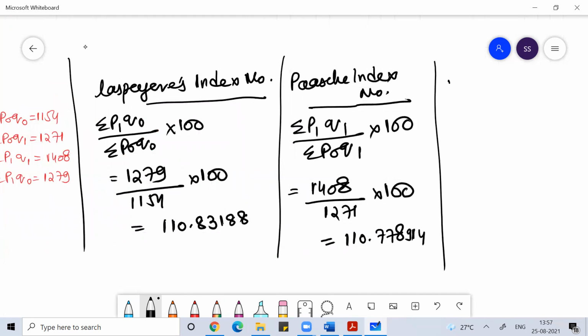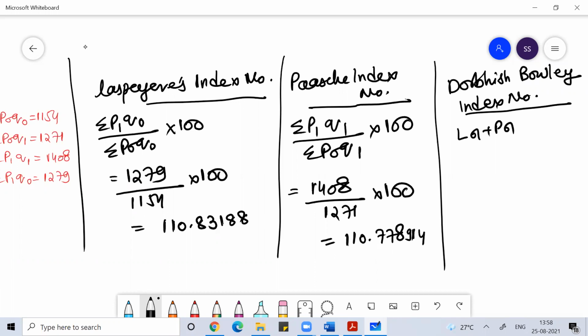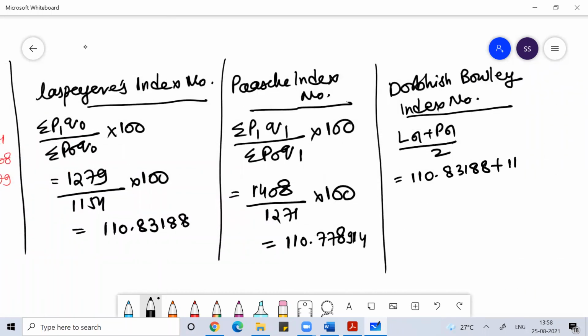You can find the Drobisch-Bowley index number. Okay, so the Drobisch-Bowley index number is the arithmetic mean of Laspeyres plus Paasche. So 110.83188 plus 110.778 divided by 2.